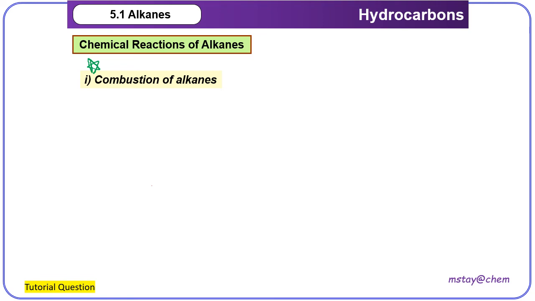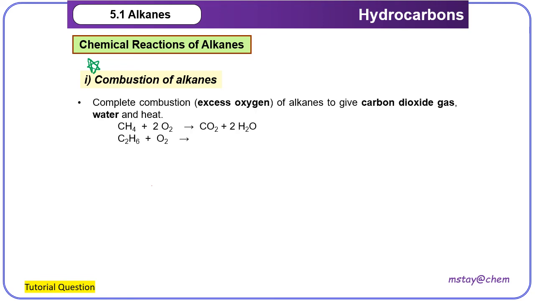In the combustion of alkane, there are three conditions. First, if the alkane burns in excess oxygen, which is complete combustion, it will produce carbon dioxide, water, and also heat. Normally, if we want to balance the equation, keep in mind that we need to balance carbon first, followed by hydrogen, and last is oxygen.